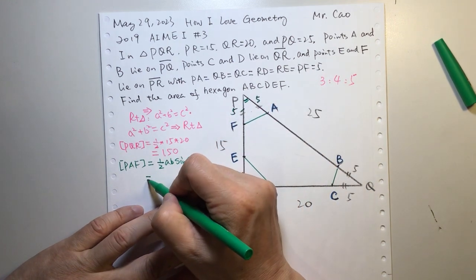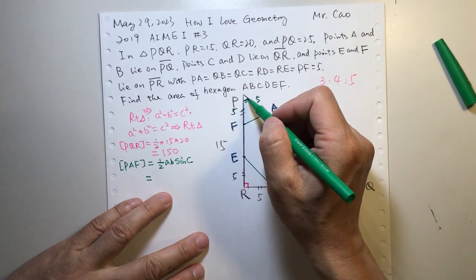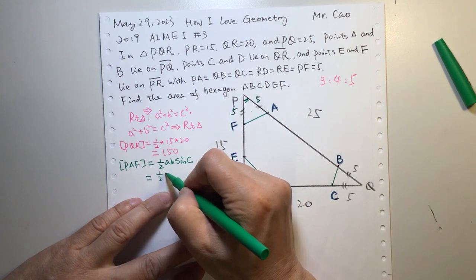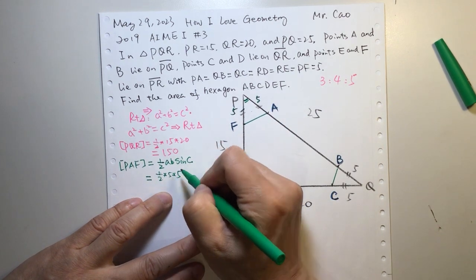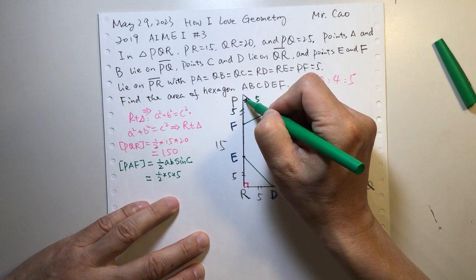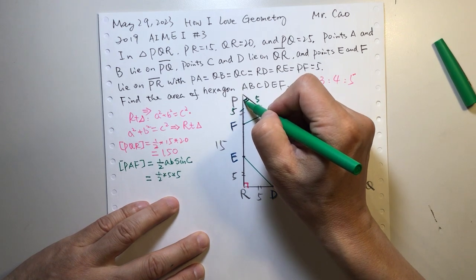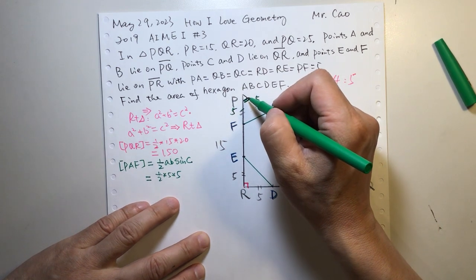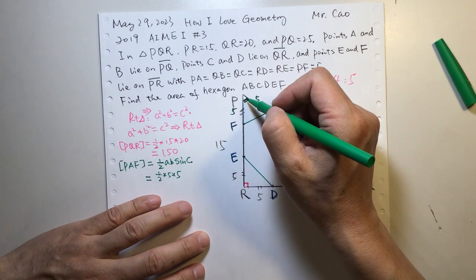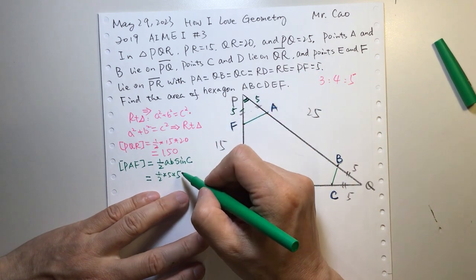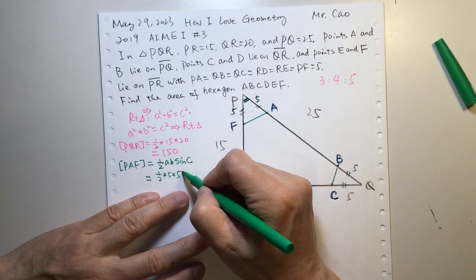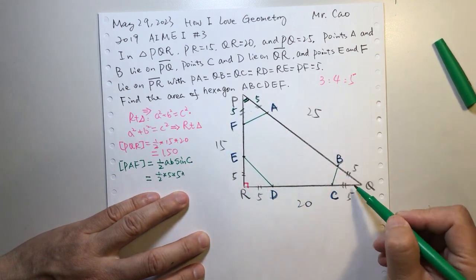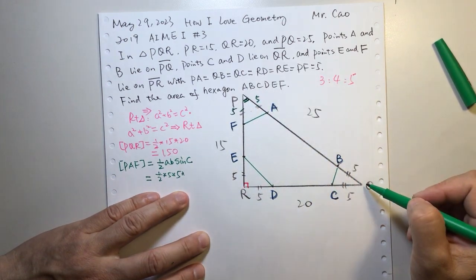So for this small triangle, it will be 1/2 times 5 times 5 times sine P. According to the trigonometric definition, sine is opposite side over hypotenuse, right?